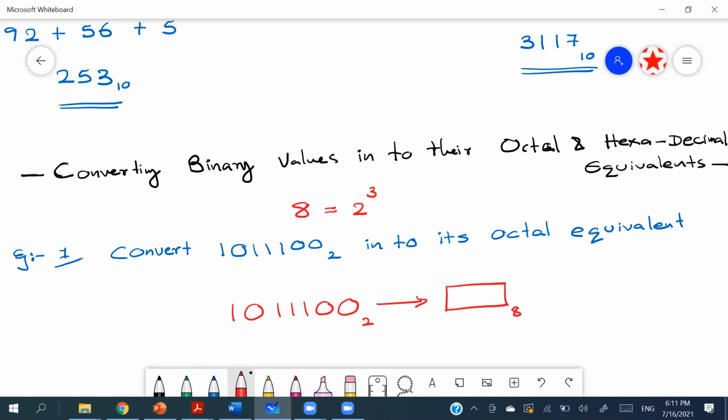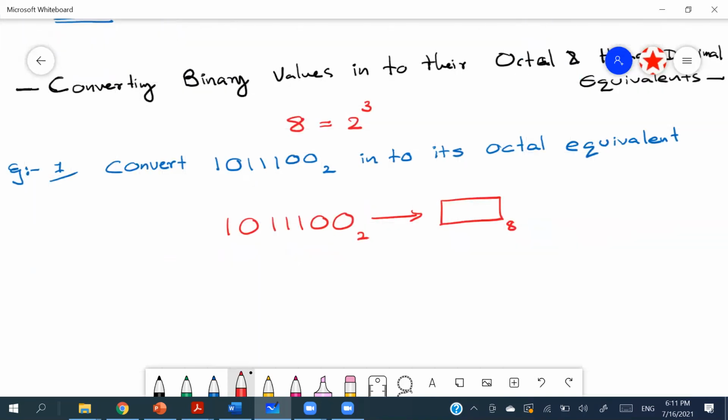Now, how are we going to do this? This is the method, this is the technique. Remember, this similar kind of technique will be used for the conversion of binary to hexadecimal. So, hear me out very carefully. This is, I think, the simplest of the conversion methods.